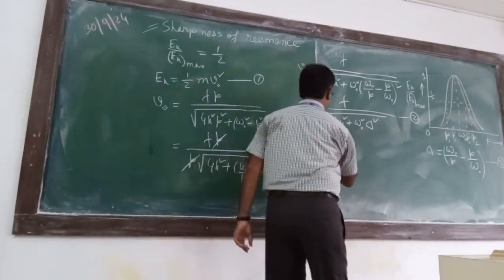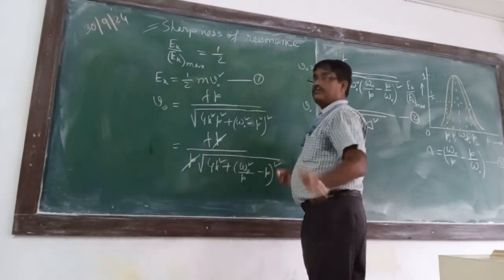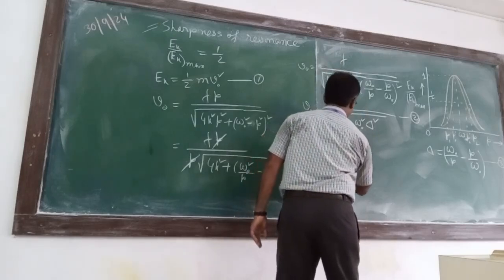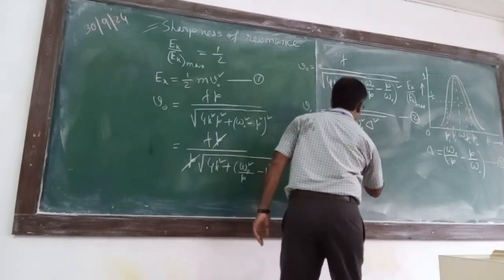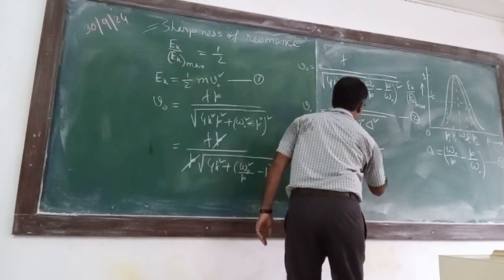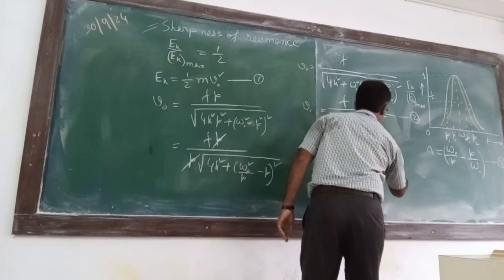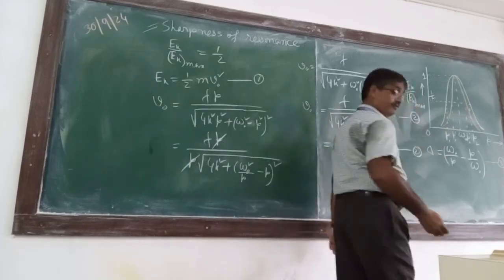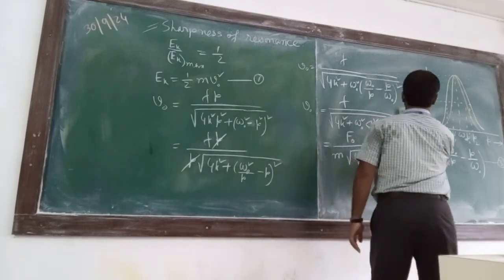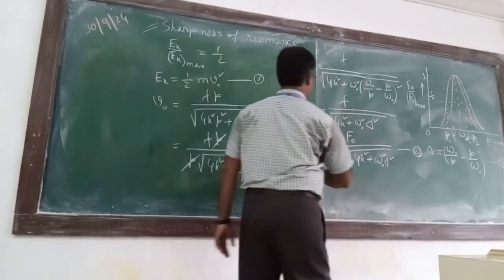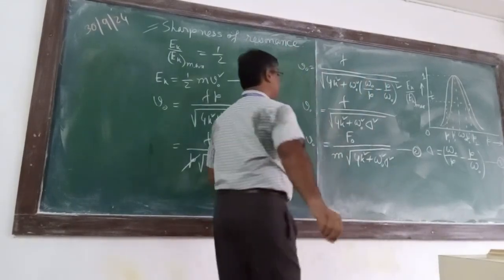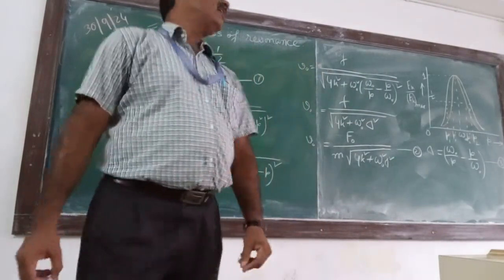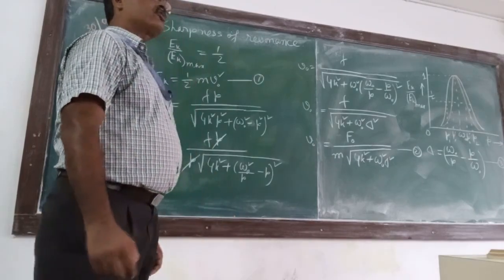So this is equals to what is F? F equals something like F naught by M root over 4k square plus omega naught square del square. It is equation 2. F naught by M 4k square plus omega naught square del square.